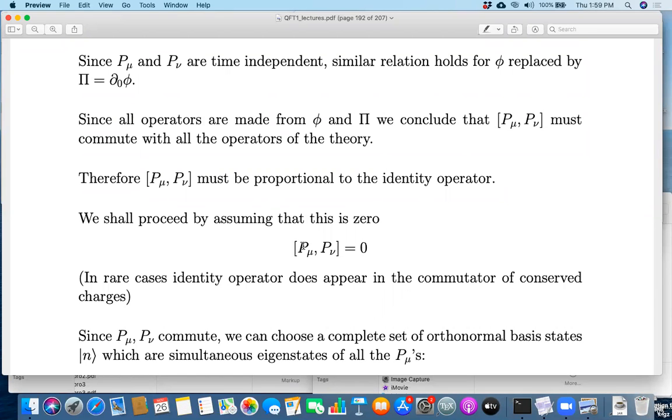Angular momentum, the Lorentz generators are of that kind. The Lorentz generator, for example, has an x0 sitting in its expression. So even though the charge is conserved, it doesn't commute with the Hamiltonian. But in this case, you are right that this commutes with the Hamiltonian.